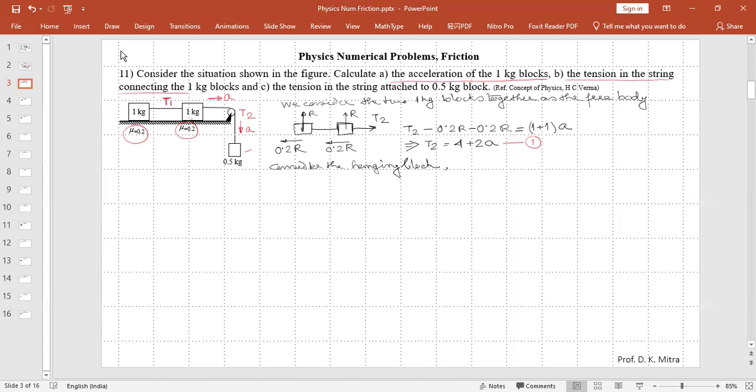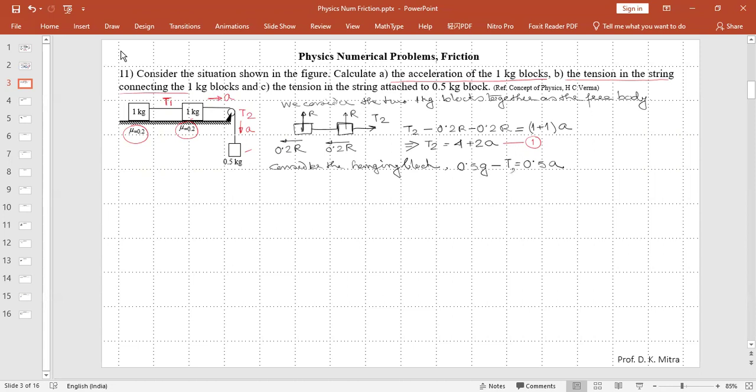Then what do we find? 0.5 is the mass, into downward gravitational force g, minus the upward force, its tension, T, is equal to mass 0.5 into acceleration A. Right?